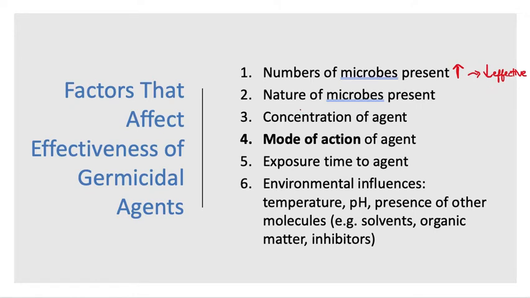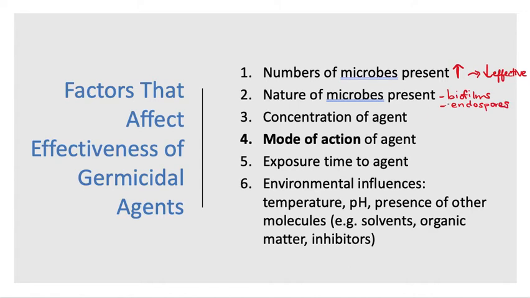If there are biofilms present, or if the microbes form endospores, these sorts of things are going to be harder to kill, and so the agents will be perhaps less effective.